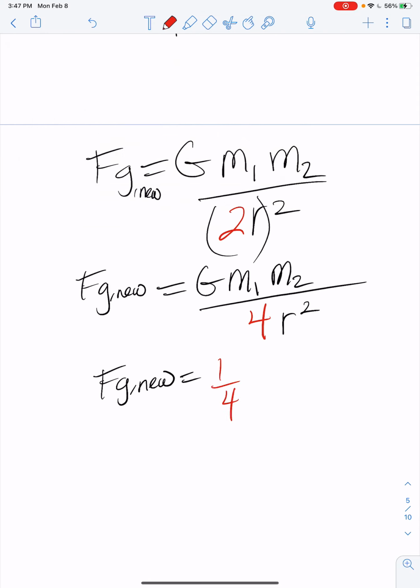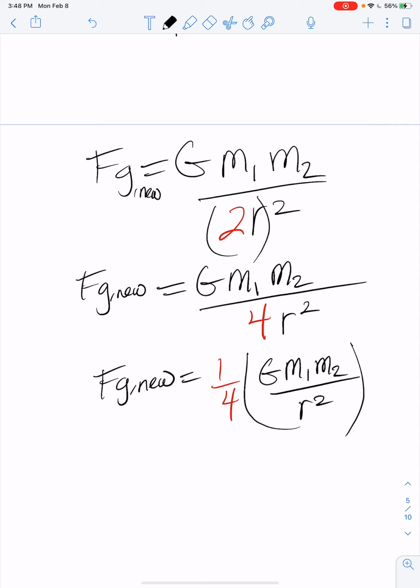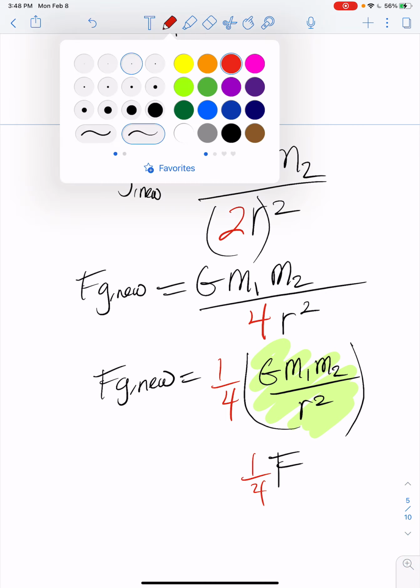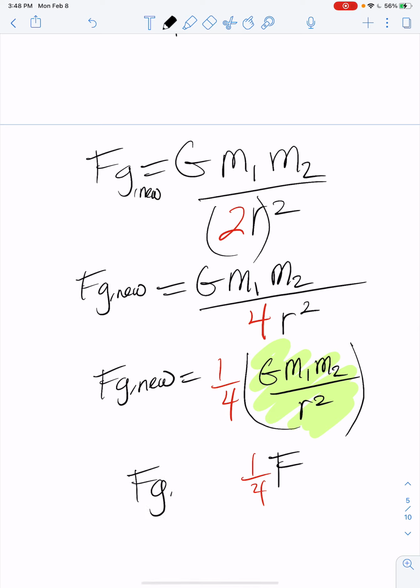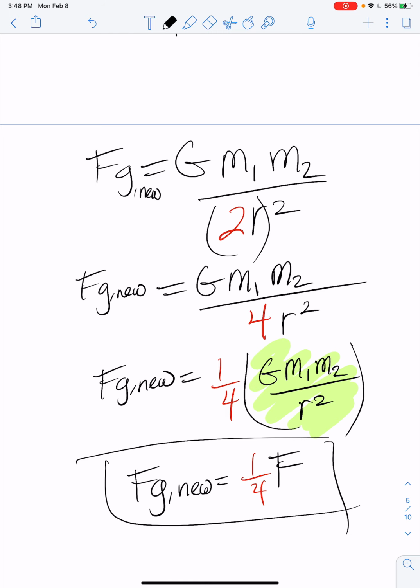Now I'm going to put a 1 on top. I can do that because the 4 is on the bottom, so there has to be something on top there. I'll write what's left, and we know that this is F. So we can see that F_G new is 0.25 F, a quarter F, 1/4 F.